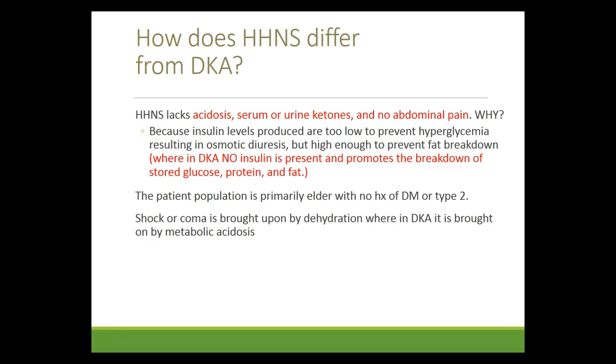Whereas in DKA, no insulin is present and promotes the breakdown of stored glucose, protein, and fat, hence why we get the ketones. The patient population is primarily elderly. It has no history of diabetes or type 2. Shock or coma is brought on by the dehydration, where DKA is brought on by the metabolic acidosis. So HHNS dehydration is going to be a big problem.